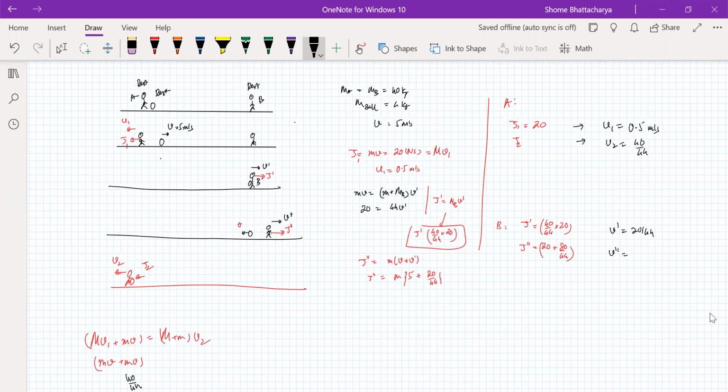We'll concentrate on A. Now the third time, after this, when A throws the ball again, how much will his velocity become? We'll have to use momentum conservation again: A plus the ball are going at V2, and now A has a velocity V3 and the ball is going back at V. So 44 kg into V2 should be balanced by 40 kg into V3 minus 20.